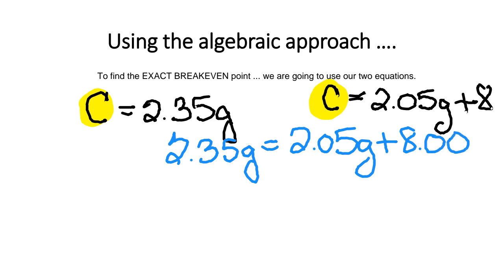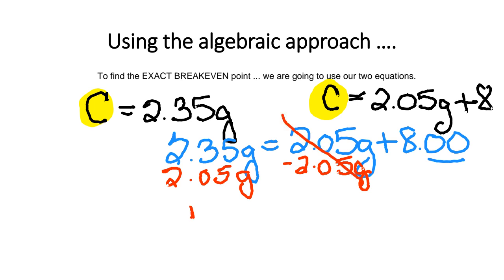I ran out of space up above, so I'm putting the decimals there. This is where our lovely algebra comes in. We are going to subtract $2.05 from both sides. This is going to cancel. Now I am going to get 30 cents is equal to $8.